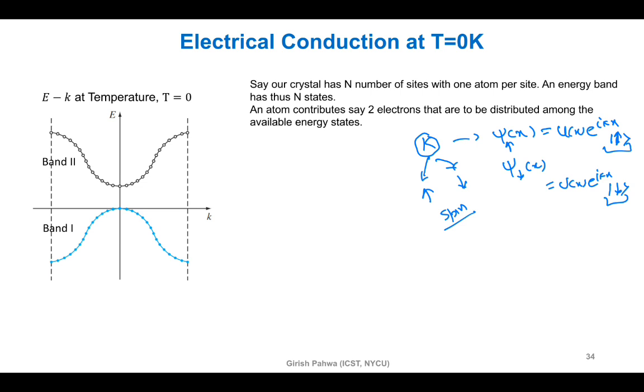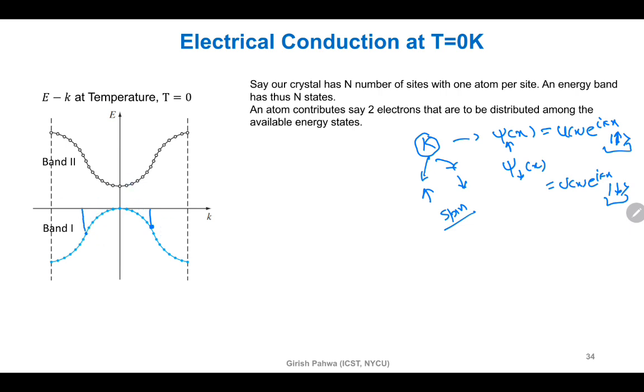For one k you will have two eigenfunctions. It means one k state, any of these k points, so if I say this particular point, can hold two wave functions. It means two electrons.